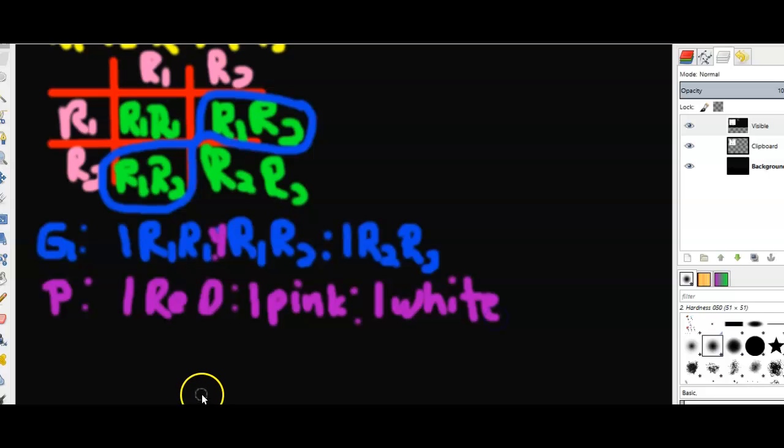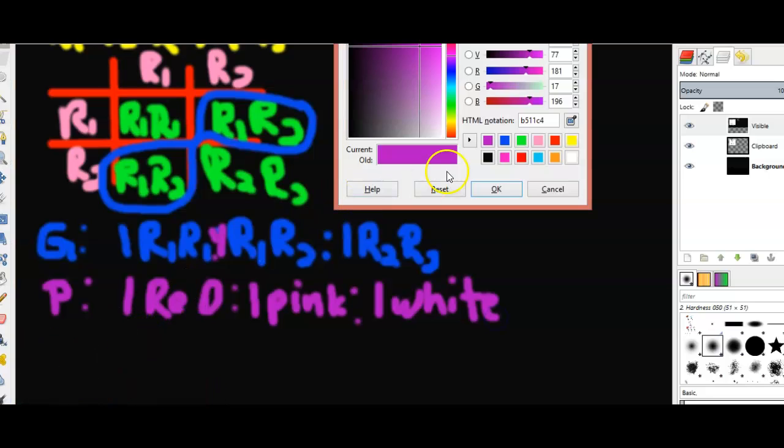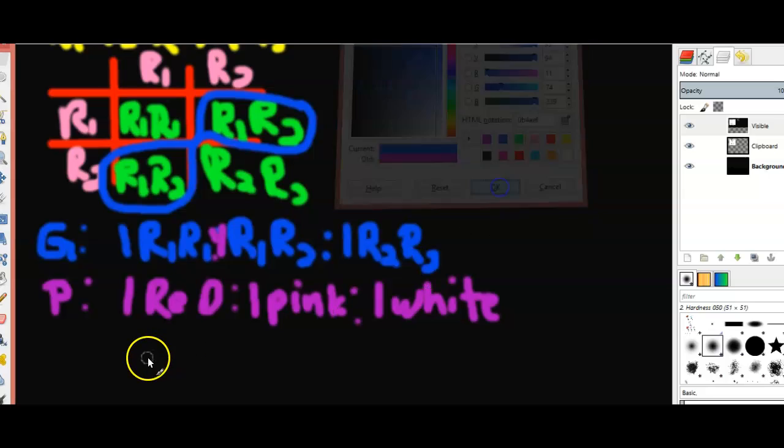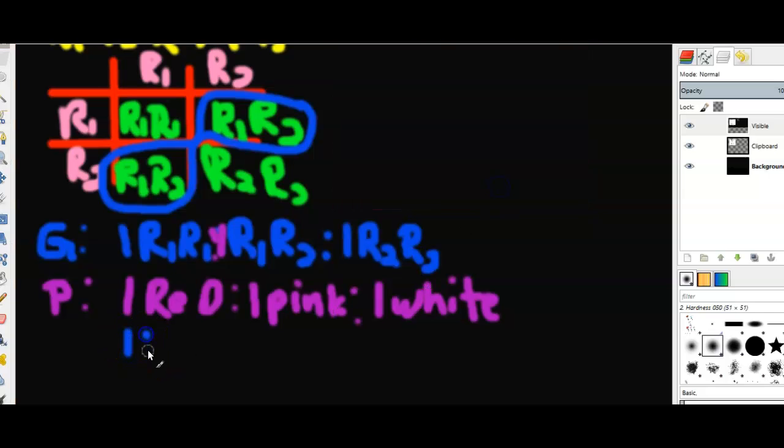So notice, the genotypic ratio is 1 to 2 to 1.